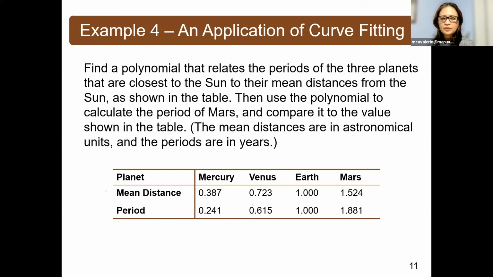For Venus, the mean distance from the sun is about 0.723 and the period is 0.615. For the Earth, that will be 1 and 1, and for Mars, that will be 1.524 and 1.881. So we can consider the following simply as ordered pairs.